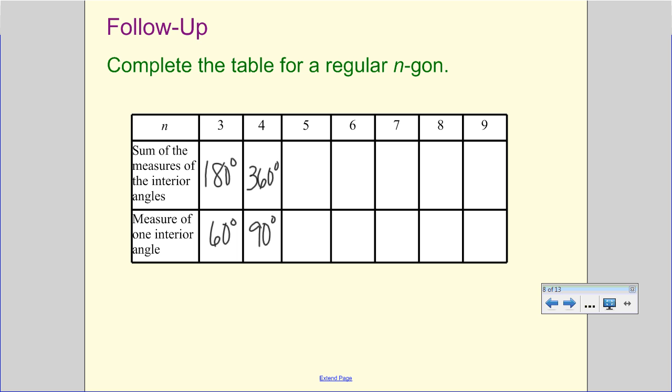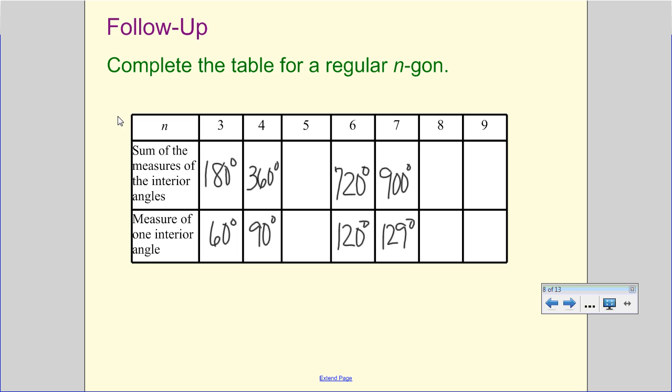And so we're going to do 720. And when we divide that by 6, we get 120. We did a heptagon. And a heptagon has 900 degrees for the sum. And so when I do 900 divided by 7, I get 129.